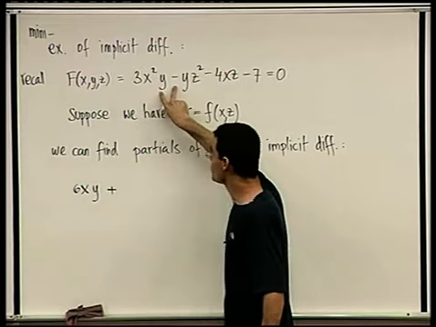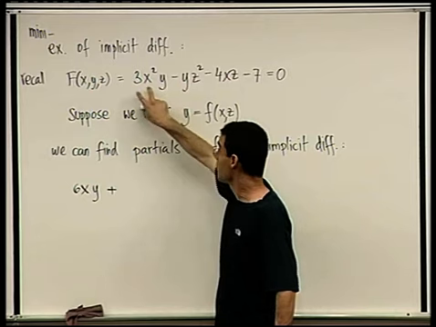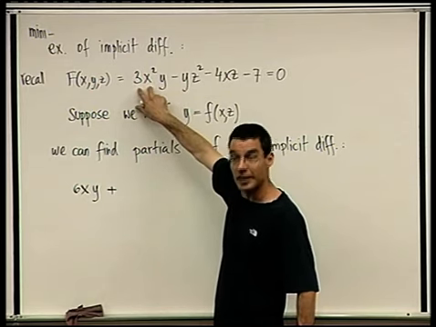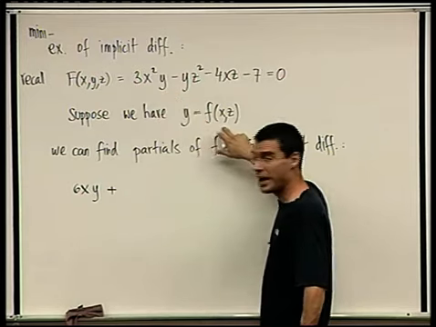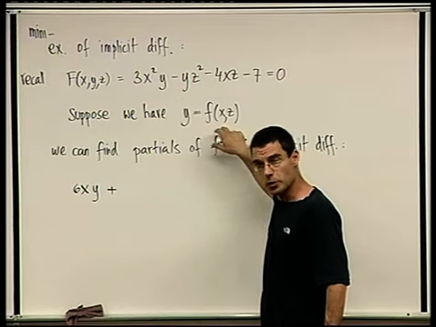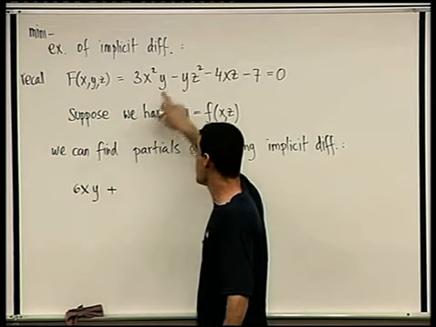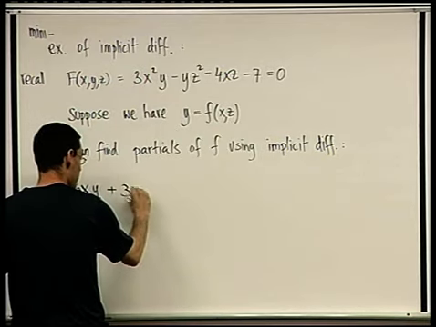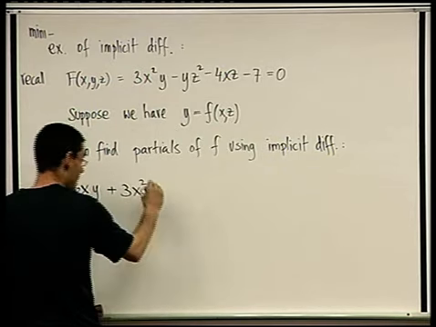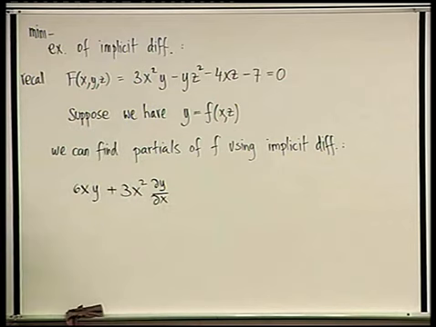It's a product of two factors, both having x's in them. 3x squared obviously has x's in it, but y also has x's in it because we're thinking of y as a function of x and z. So I'm using the product rule. The derivative of 3x squared is 6x times y untouched plus 3x squared untouched times the derivative of y with respect to x. Because y is now a function of x.